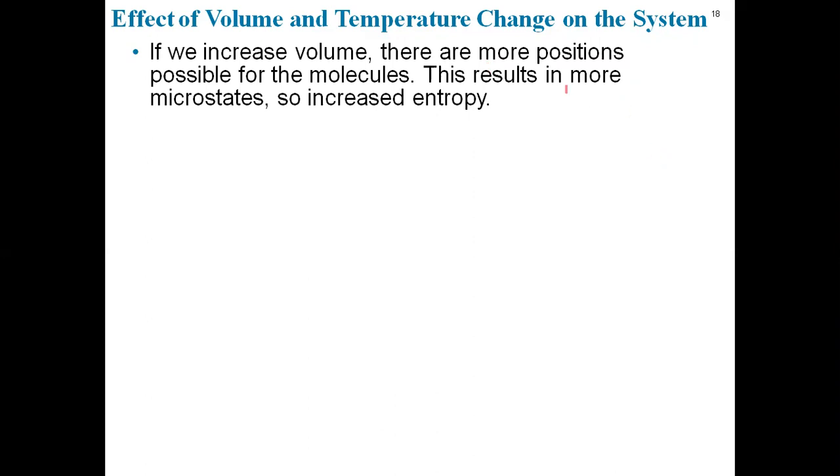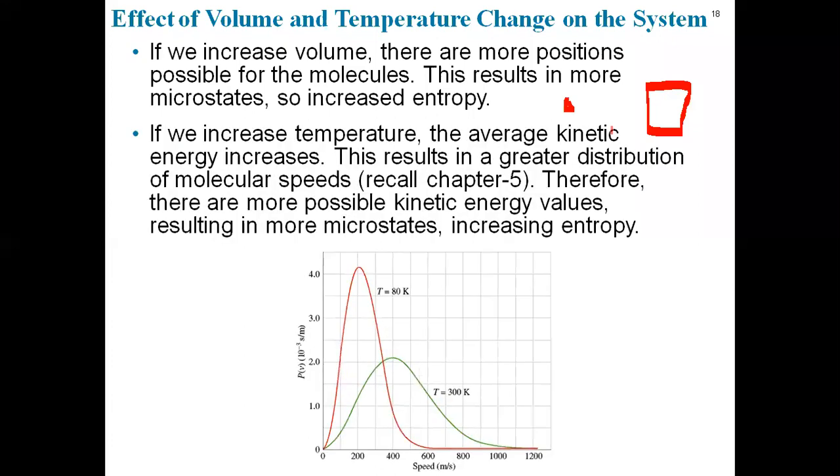Imagine a small volume and a larger volume. In a larger volume, you will have more locations for the molecules or particles in the system, therefore more chaos, therefore an increase in entropy.